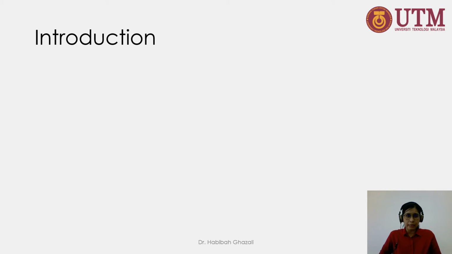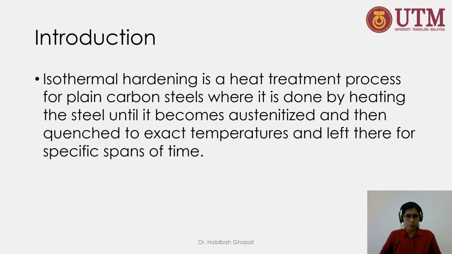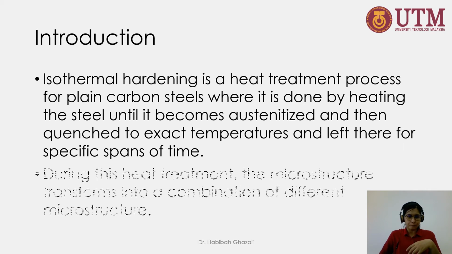So in a nutshell, isothermal transformation is a phase transformation which occurs at constant temperature. During isothermal hardening, this heat treatment process is for plain carbon steel, where it is done by heating the steel until it becomes austenite and then quenching it to an exact temperature and leaving it there for a specific span of time.